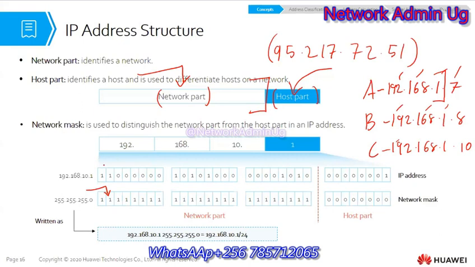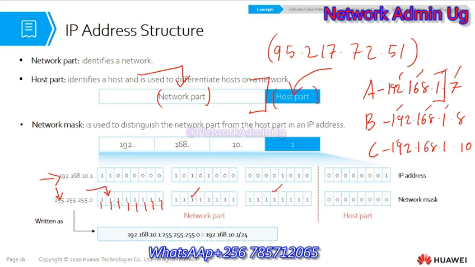For example, the subnet mask of this network address is 255.255.255. It means when you convert 255 to binary, you switch on all the bits: 128 plus 64 plus 32 plus 16 plus 8 plus 4 plus 2 plus 1, you will get 255. The same applies to the other octets.